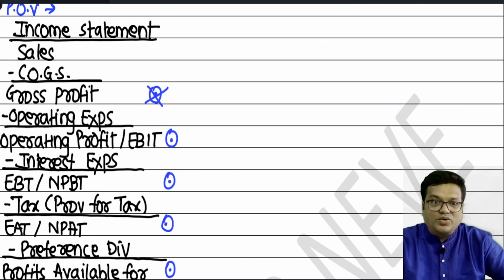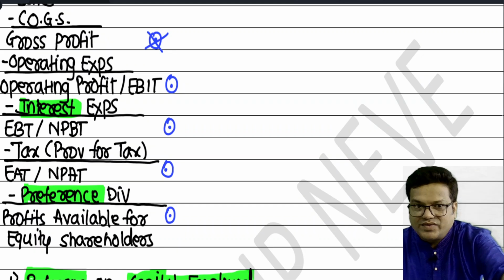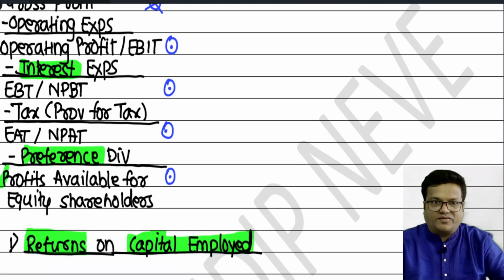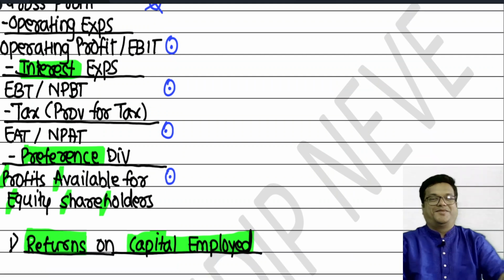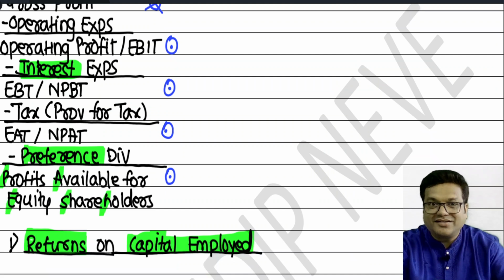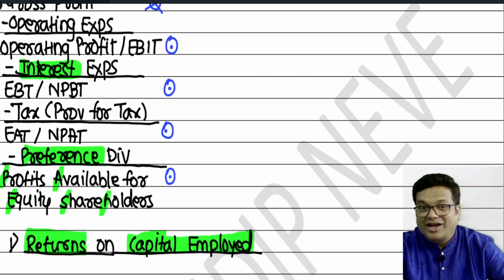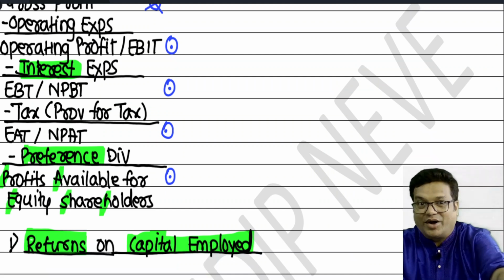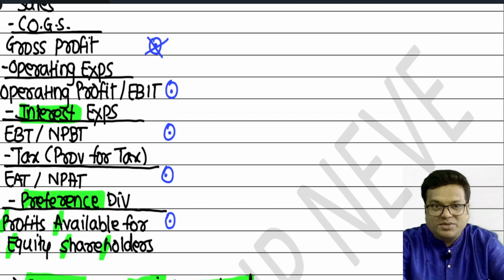Okay, let me do one thing. Let me mark that also. Interest, preference dividend. And then we have, obviously, PAYESH, I mean to say profits available for equity shareholders. Shortcut, PAYESH. From which we will pay equity dividend, isn't it? So guys, tell me, for returns on capital employed, is gross profit a suitable profit?